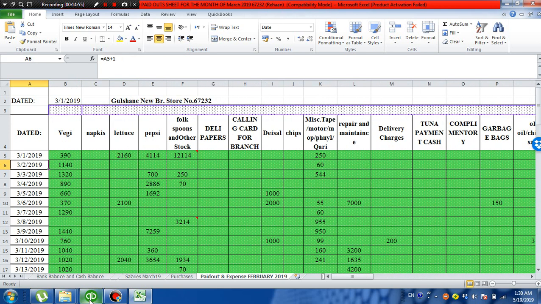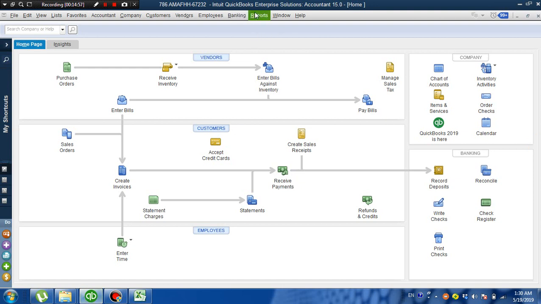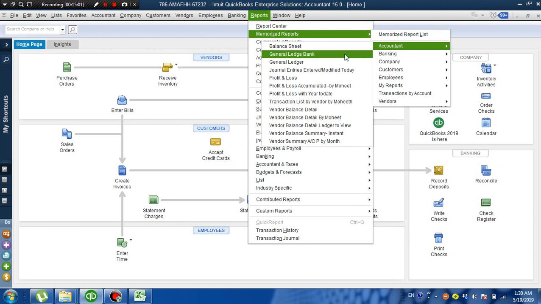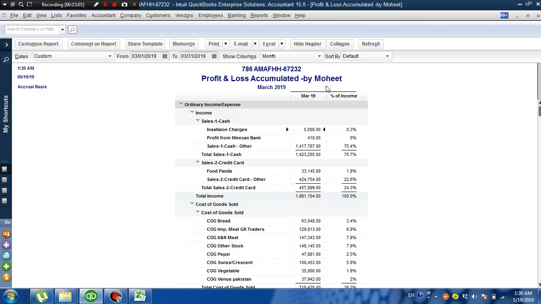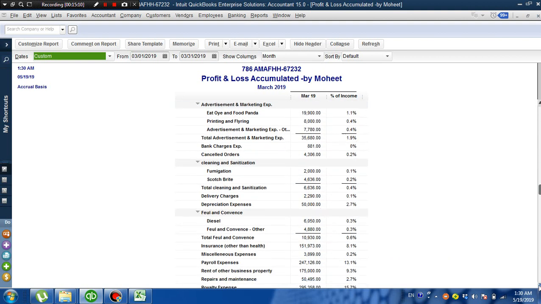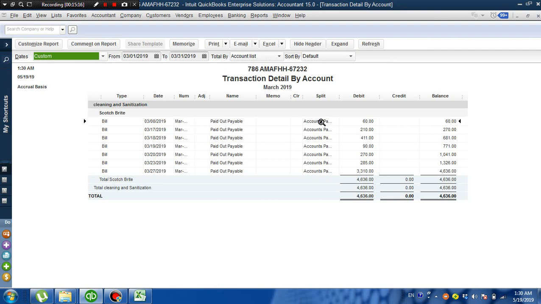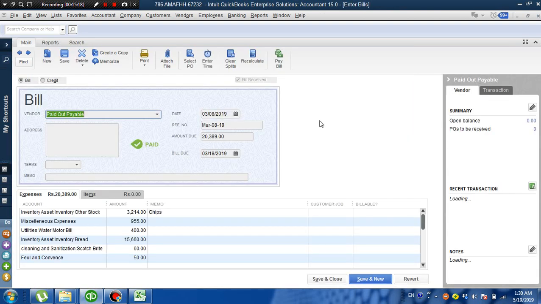For this we'll have to see a profit and loss account. Once again, we are going to open the profit and loss account. Here are the expenses. Look at this Scotch Brite. It is 60 rupees, Scotch Brite purchased.